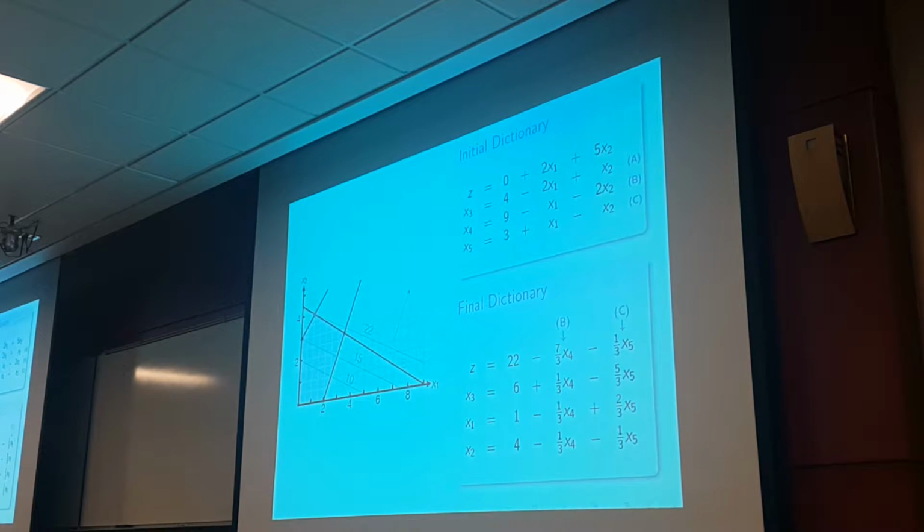And you can see that in the objective function in the final dictionary, the slack variables that appear here, x4 and x5, are precisely the ones that correspond to those two constraints. They're the ones that define that vertex.